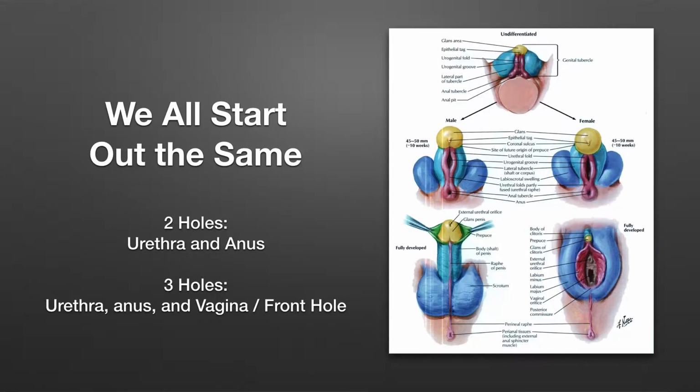So we all start out the same. In this picture that we're looking at, we are looking at the genitalia as it develops in the course of being in utero. So at the very top, we're looking at the undifferentiated genital complex structure for any body's baby.